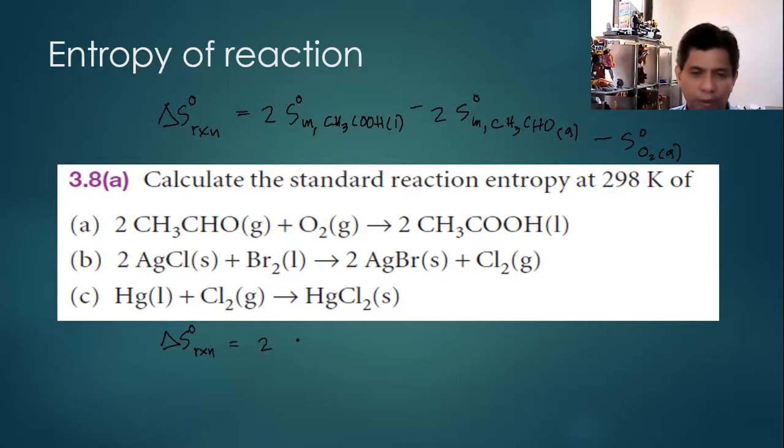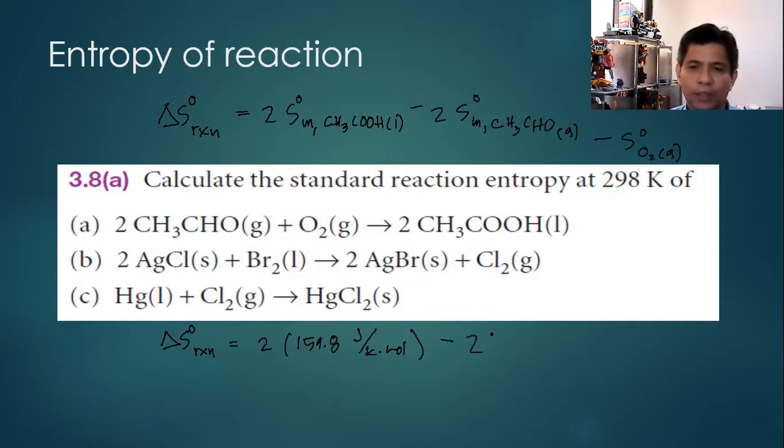So 2 times S standard ng CH3COOH ay 159.8. So this is joules per Kelvin per mole. Tapos minus natin yung mga reactants.